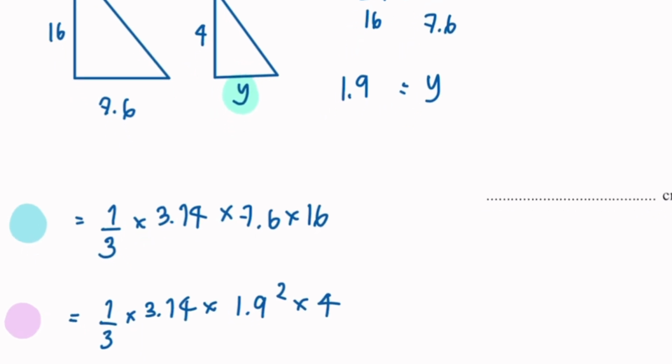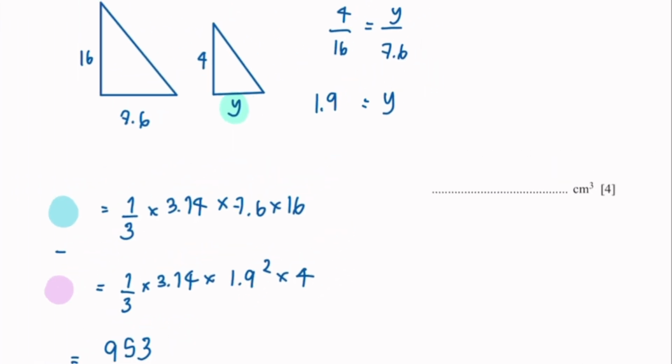Therefore, if you minus them, you will get 953 centimeter cubed. So this is your answer for this question.